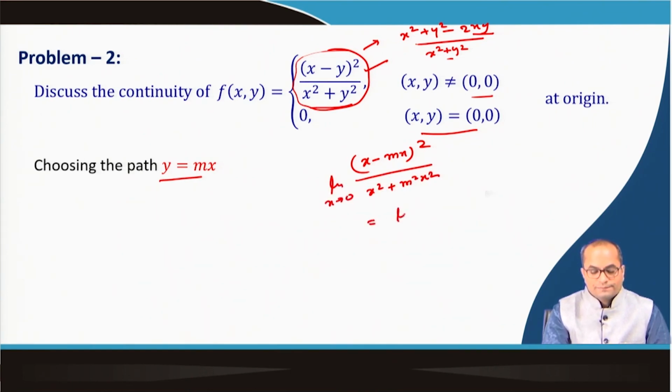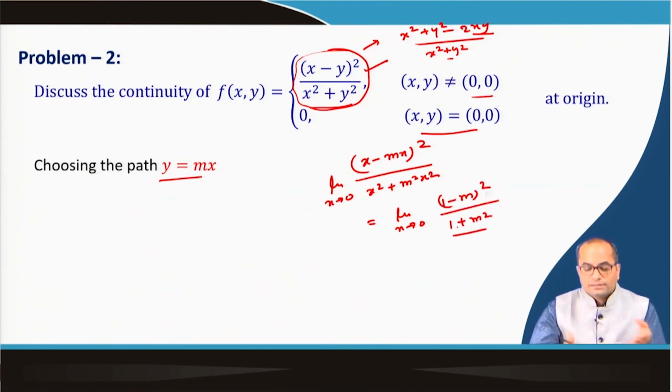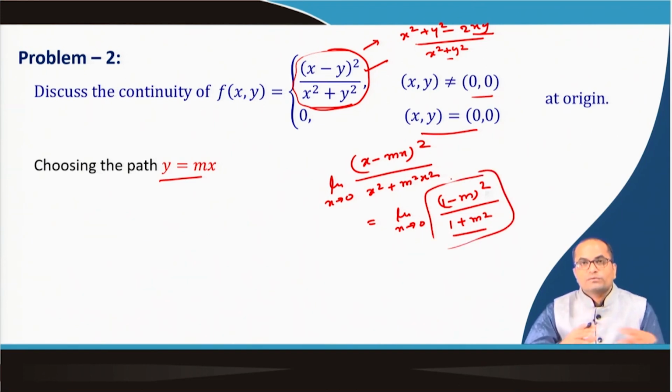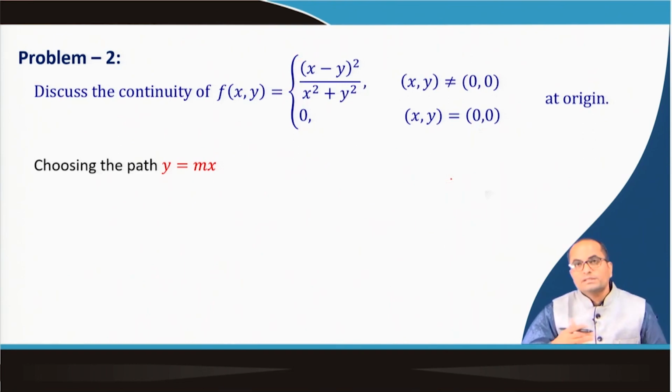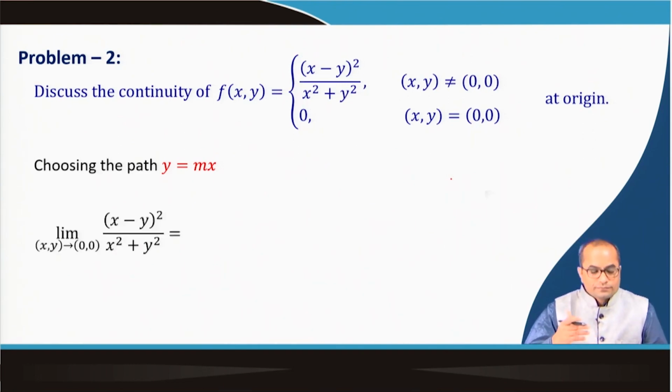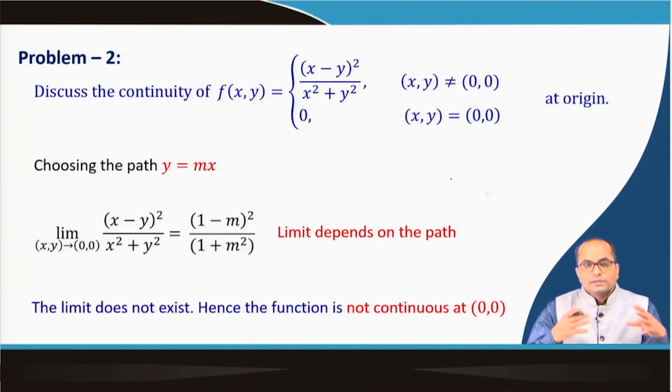The x² gets cancelled, we have (1 − m)² divided by 1 + m². So the limit is just (1 − m)²/(1 + m²). In this case also the limit depends on the path, and therefore this function is not continuous at (0,0).